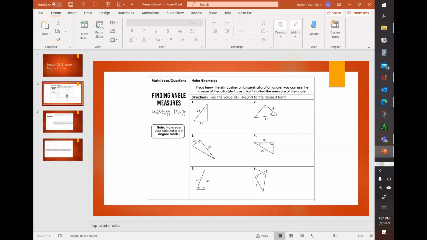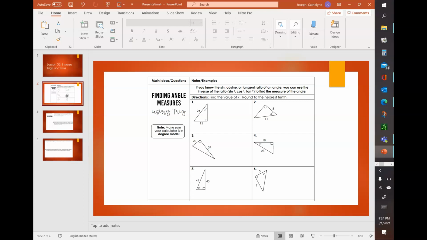All right, so first thing we have here: if you know the sine, cosine, or tangent ratio of an angle, you can use the inverse of the ratio, which is written with the little -1 on top, to find the measure of an angle. That is called the inverse.